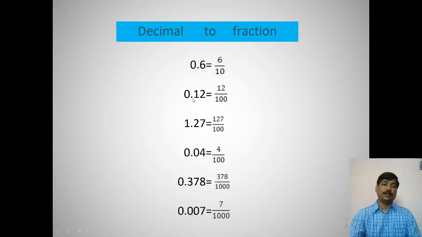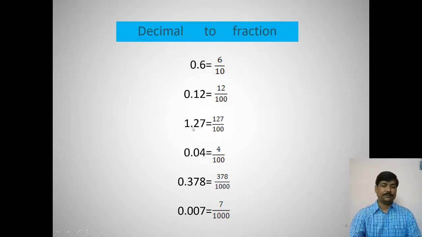In this case, we will remove the point. The whole number will be 12, and in the denominator we write 1 and add zeros after this one. How many zeros? 2 zeros, because there are 2 digits after the decimal.